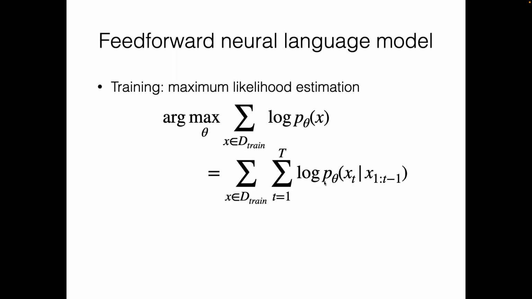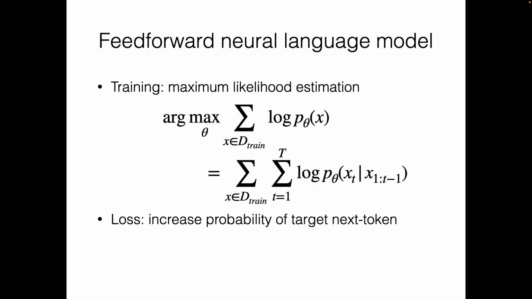Now we have these next token distributions here. If our goal is to maximize the log probability, we could have a loss which is minus the log probability. Because if we want to maximize, we actually want to minimize a loss, so you just take the negative.